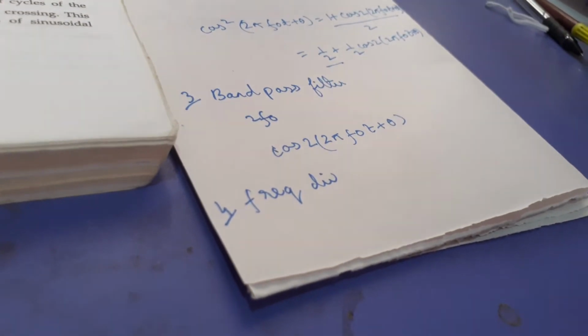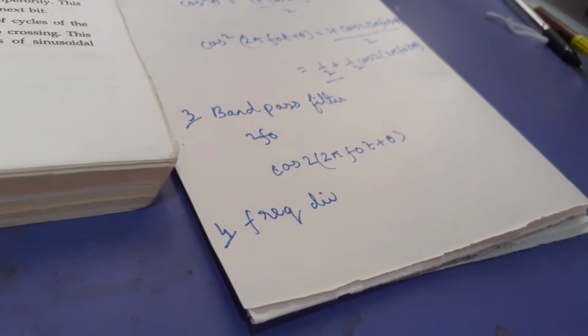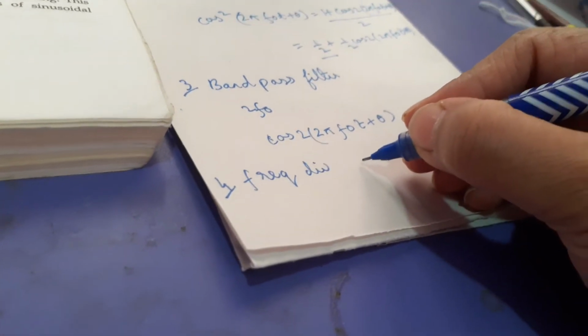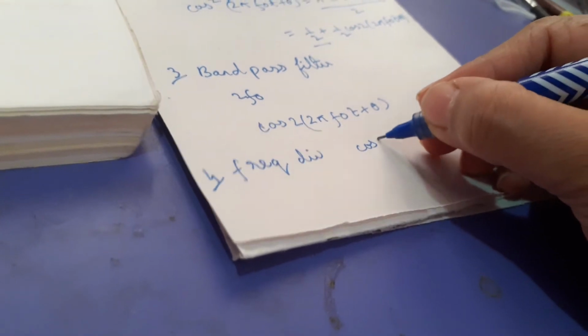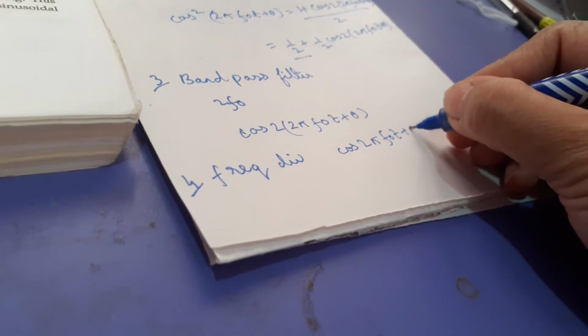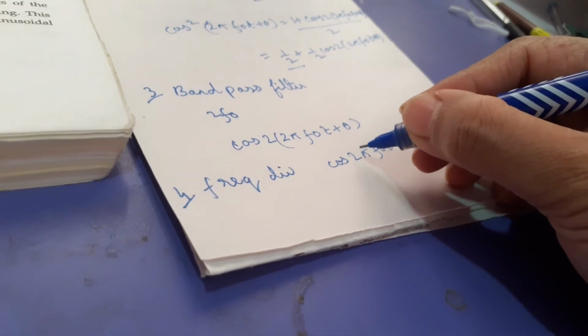The above signal, the band pass filter signal, is passed through it, and there is an output frequency. We get, for example, cosine of 2 pi f naught t plus theta.